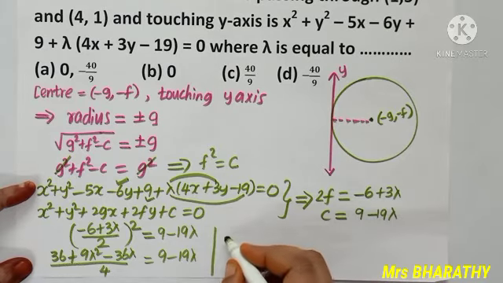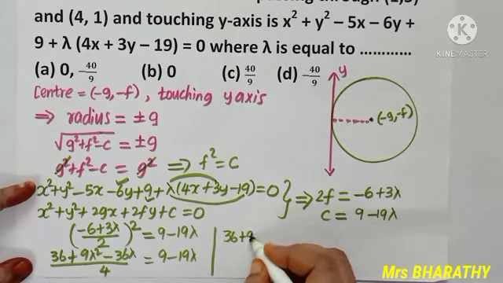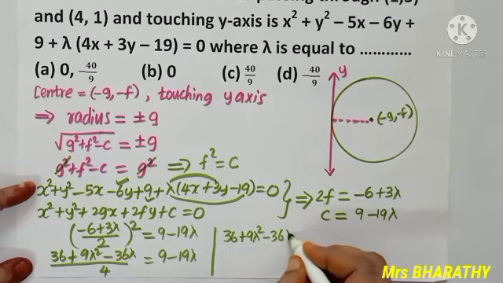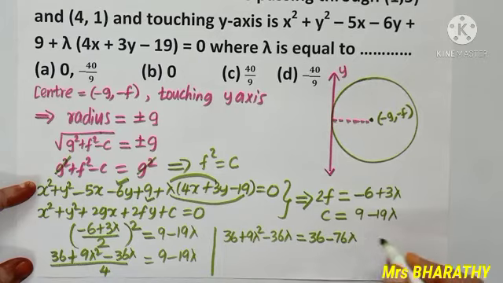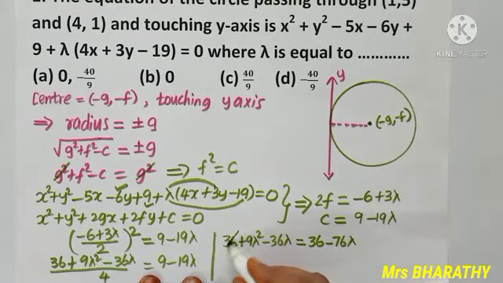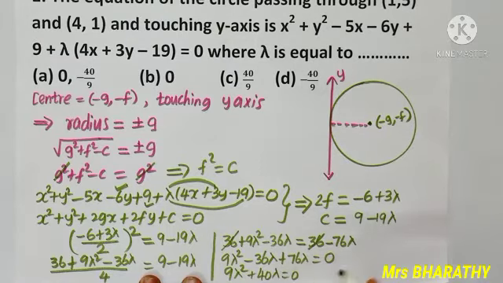As I cross multiply, 36 plus 9 lambda square minus 36 lambda equals 4 into 9, 36, 4 into 19 minus 76 lambda. In both the sides, I can cancel 36. Bringing 76 lambda to the left, 9 lambda square minus 36 lambda plus 76 lambda equals 0. Or I get 9 lambda square plus 40 lambda equals 0.